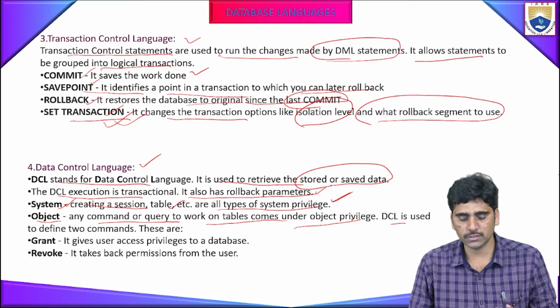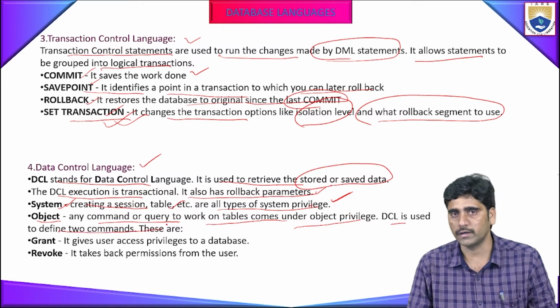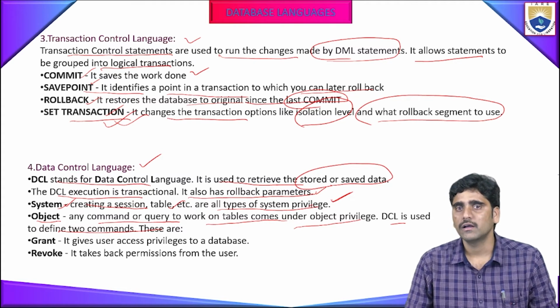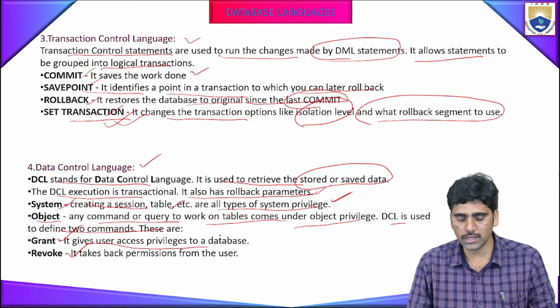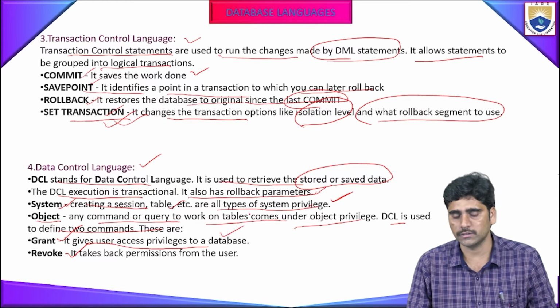DCL uses two types of commands for this purpose, giving privileges to users on the database. These two commands are grant and revoke. Grant gives users access privileges to the database.